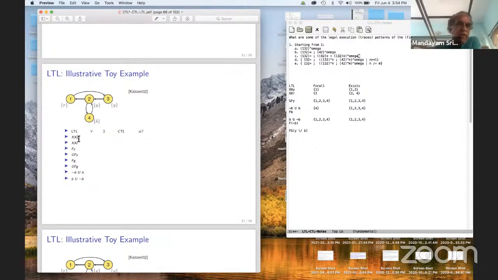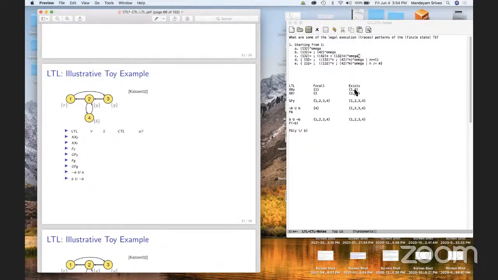Okay, correct? Whereas states in which there exists some path that satisfies XXY is one as well as two. Are you convinced? Yes. Okay.